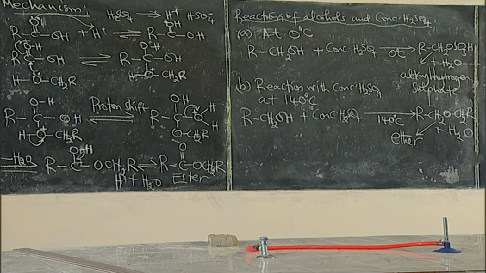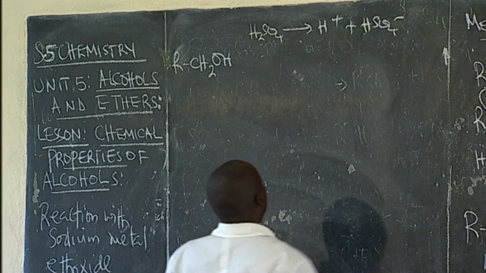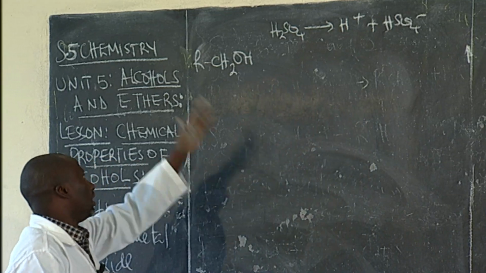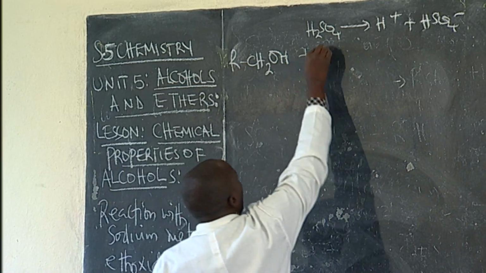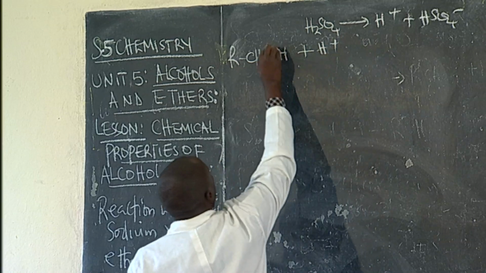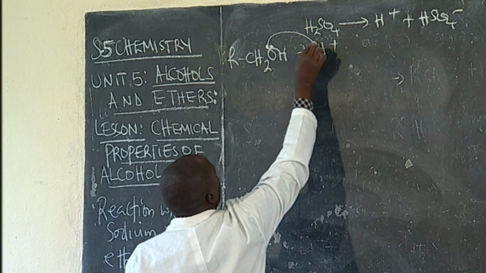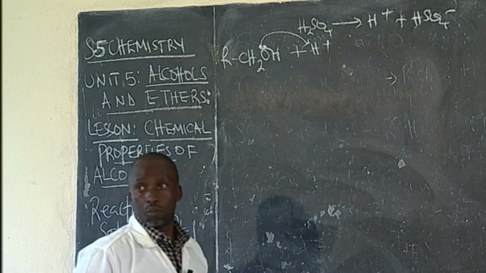So you have an alcohol with OH. In most cases, the concentrated sulfuric acid ionizes to form the hydrogen ions and the hydrogen sulfate ions. So the hydrogen ions usually have to protonate the alcohol. When you add the hydrogen ion, the oxygen uses the lone pairs to attract the proton.